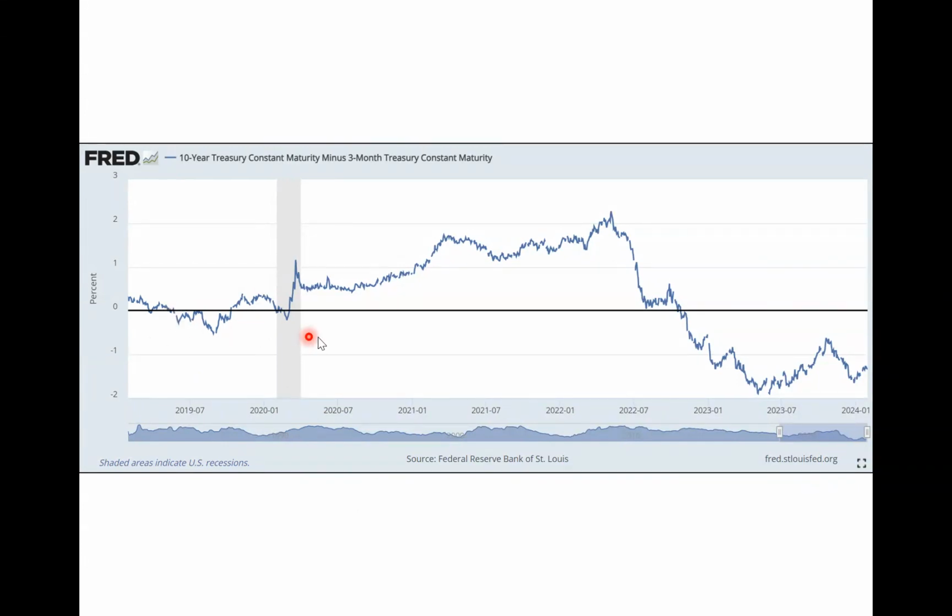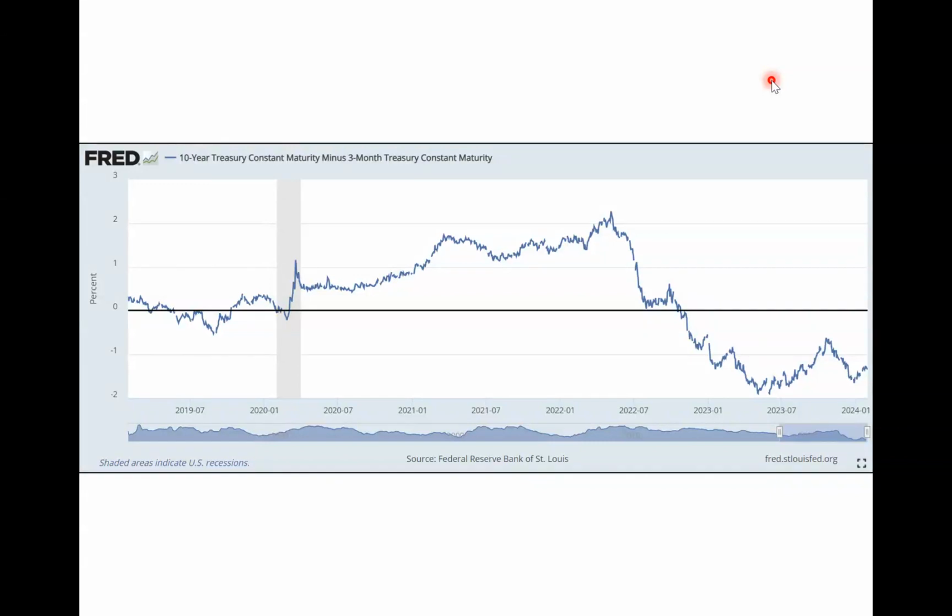So within 18 months, it was actually much faster than that, but we had a recession. But typically the yield curve un-inverts, as we can see here. So typically the yield curve un-inverts before the recession, or very close to the recession.